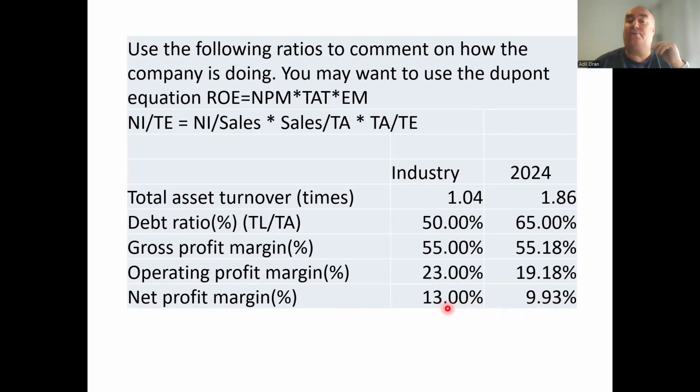There's about a 3 percentage point difference between the industry and the company. The company is at a pretty significant disadvantage when it comes to profitability. But does this carry forward into the return on assets and return on equity?